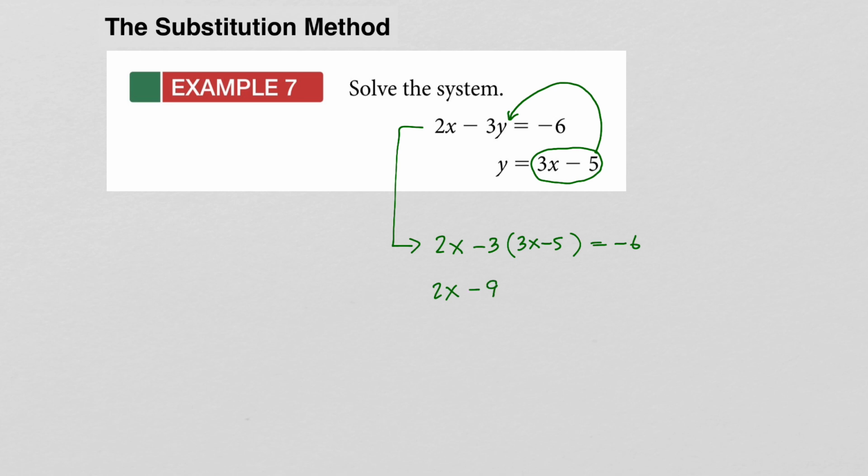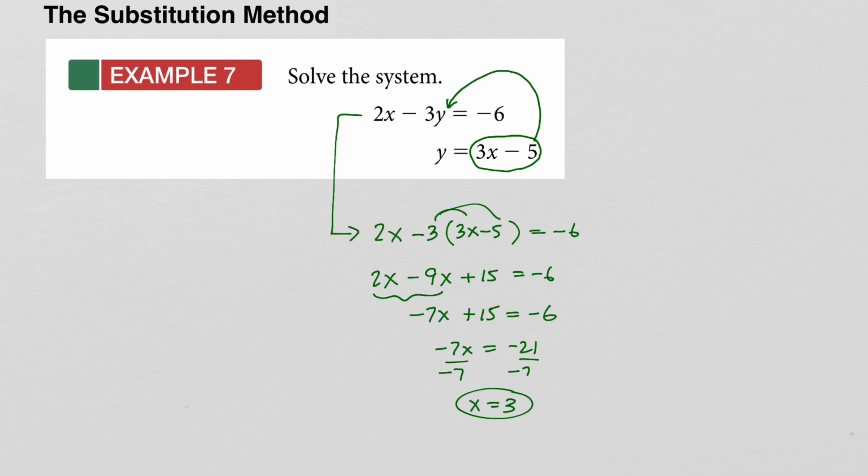So we have 2x minus 9x plus 15 is equal to negative 6. Combining like terms, we have negative 7x plus 15 is equal to negative 6. Subtracting 15 from both sides, we end up getting negative 7x is equal to negative 21. And finally, dividing by negative 7, we get x equals 3.